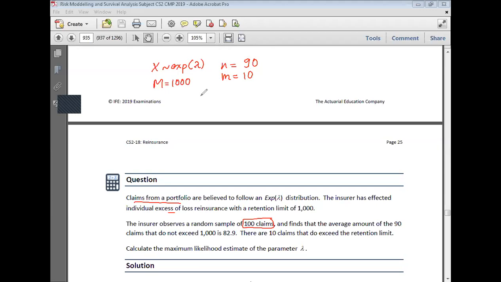So what does this line say? What does it say?